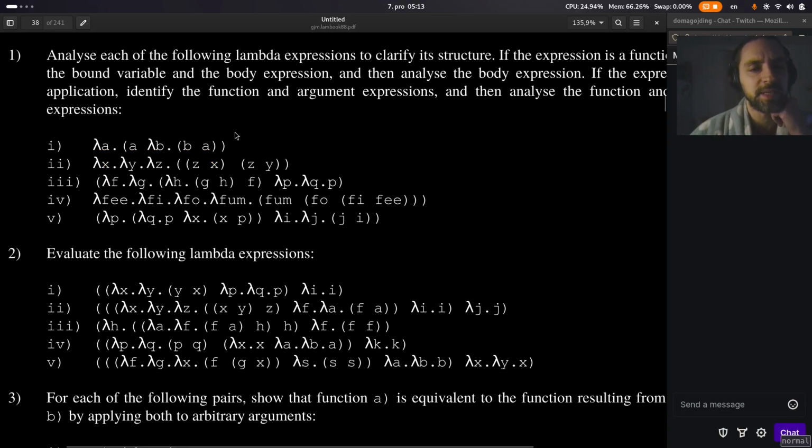Okay, here we have the same thing. Lambda f, lambda g, lambda h, gh, f, lambda p dot, lambda q, lambda p. This is more complicated. Lambda f, lambda g, lambda h, gh, f, and lambda p.